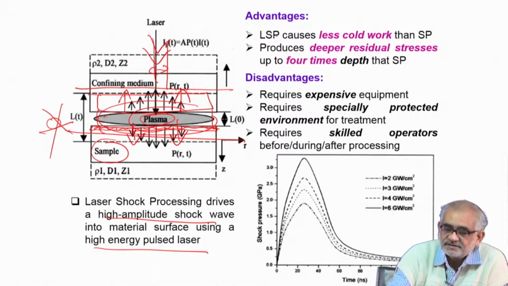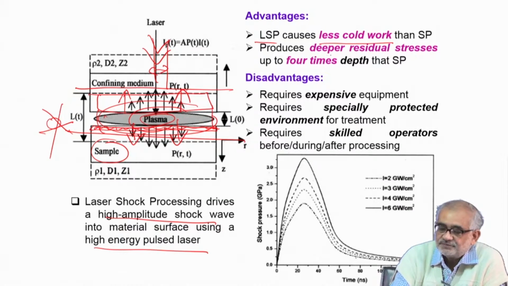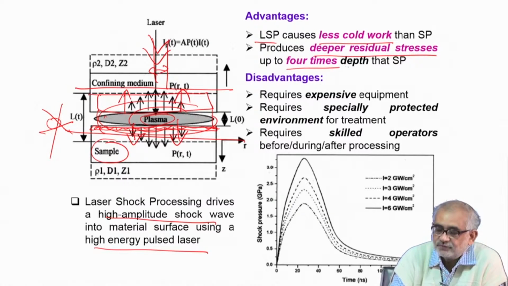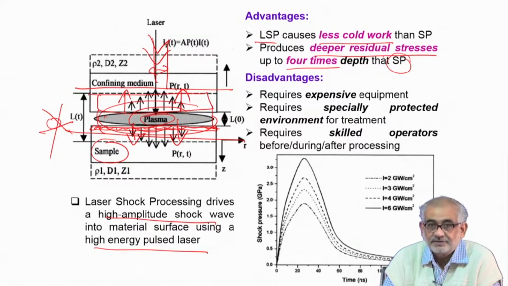So a typical advantage of laser shock peening is that the depth of the cold work that we generate is less, but because the intensity of the plasma is higher, we actually produce deeper residual stress, which could be 4 times the depth of residual stress that we can create through shock peening. So it's in a way more effective than shock peening, and certainly more effective than shot peening.